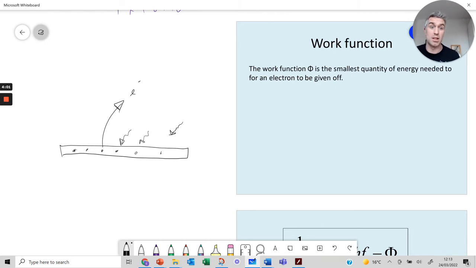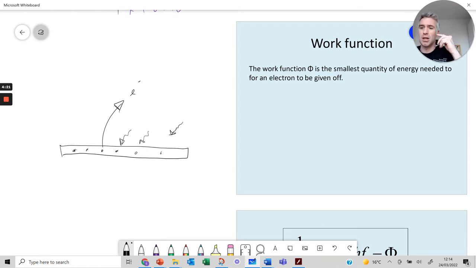This is basically ionization. And you know ionization works if you remember the electromagnetic spectrum: radio, micro, infrared, visible are non-ionizing. They don't have enough energy to release electrons. Ultraviolet, X-ray, gamma are ionizing.